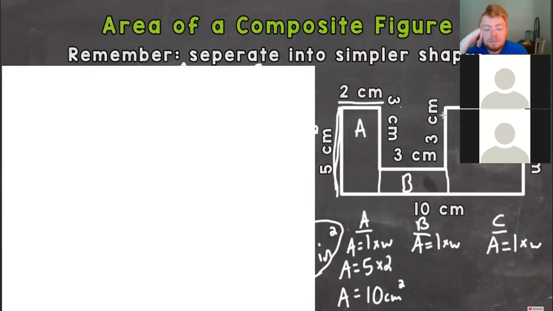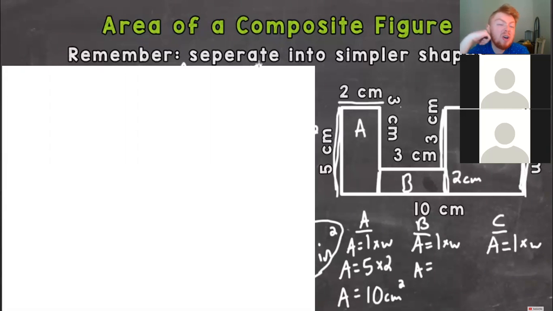Let's do B. Now B, we have a length of right here or right here. We don't have a measure there, so we're going to need to figure it out. So we know the whole shape is 5 centimeters, right? So if we have this 3, what's this going to have to be in order to get us to that 5 centimeters? Well, it's going to have to be 2 centimeters.